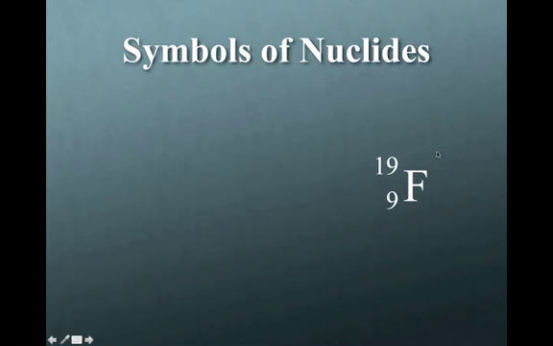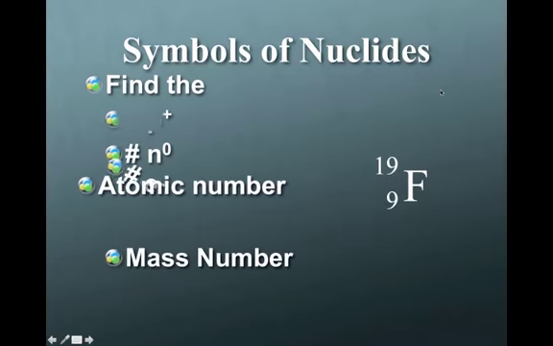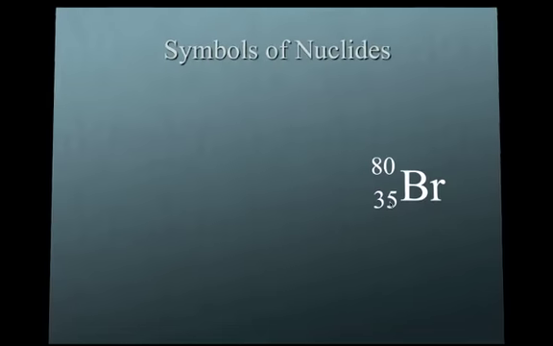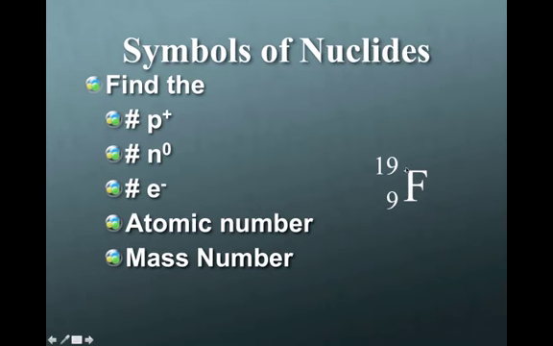Alright, now we can go in the opposite direction, from a nuclear symbol. Let's find the number of protons, neutrons, electrons, the atomic number, and the mass number. For fluorine, we can go to the periodic table and look for fluorine's atomic number, which is 9.